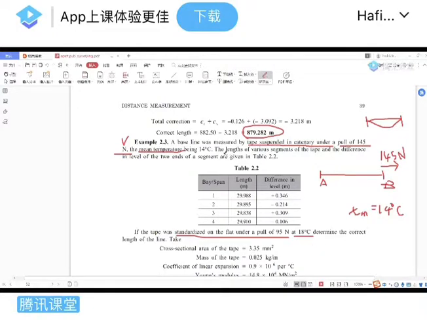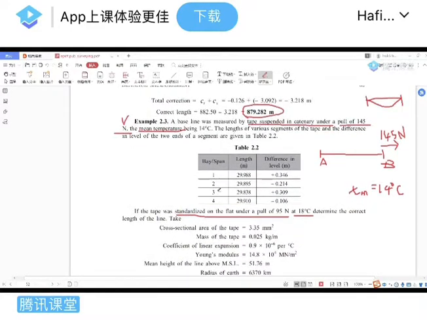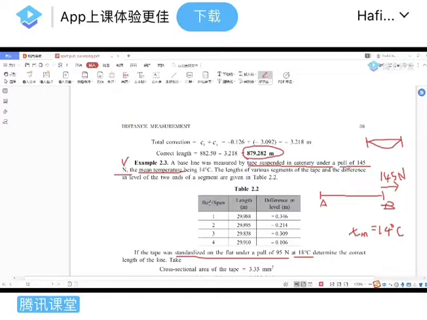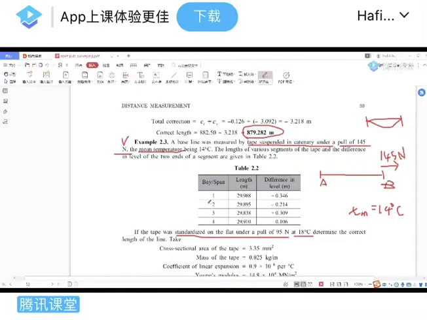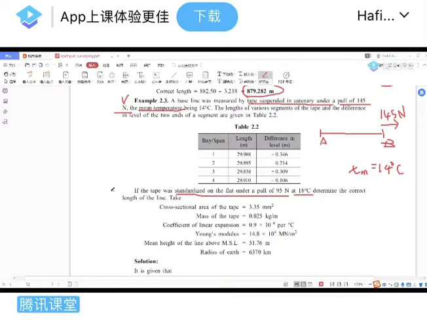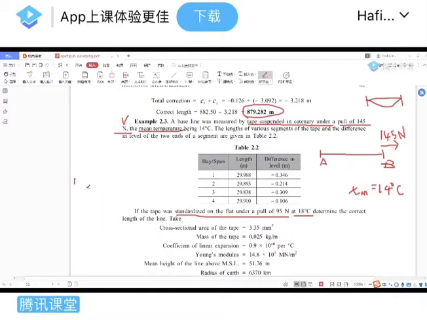So the lengths of the various segments of the tape are different. This is pretty much the same as the previous one. You also do the measurements. So you have one section, the other section, and it's called a catenary.